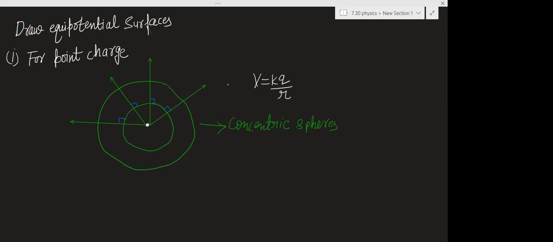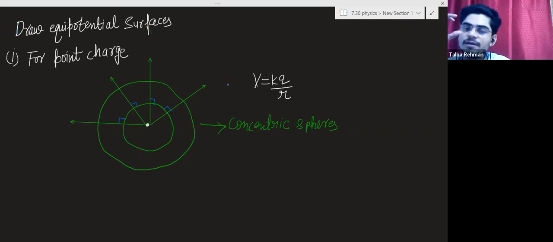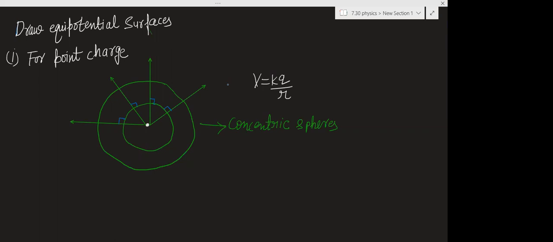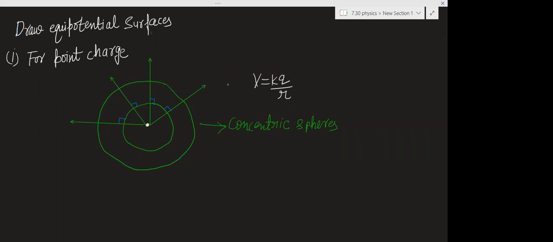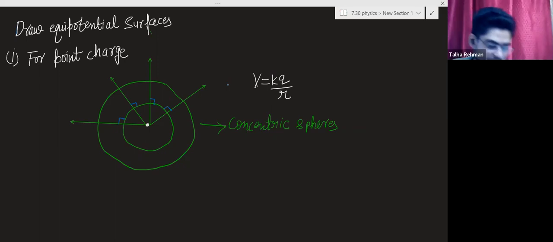What is the value? Electric field inside the conducting sphere having charge Q. Please revise your notes. Actually, I have already told you many times that in a conductor there is no electric field.